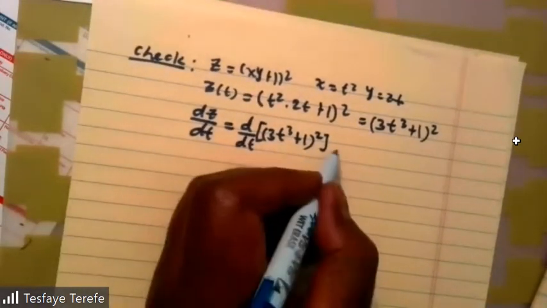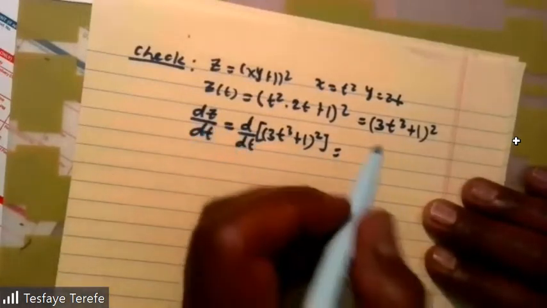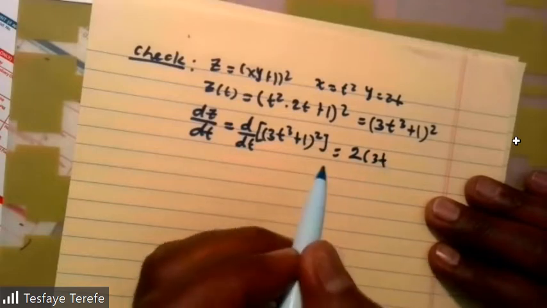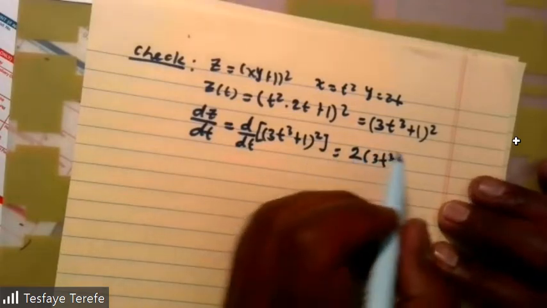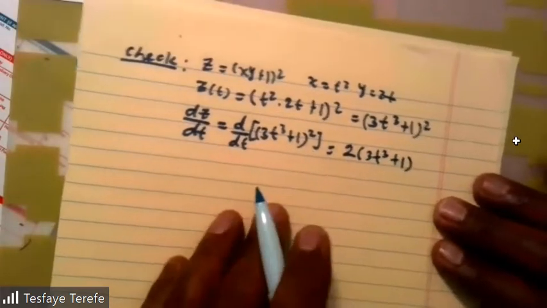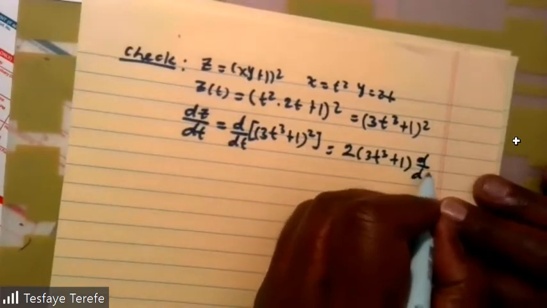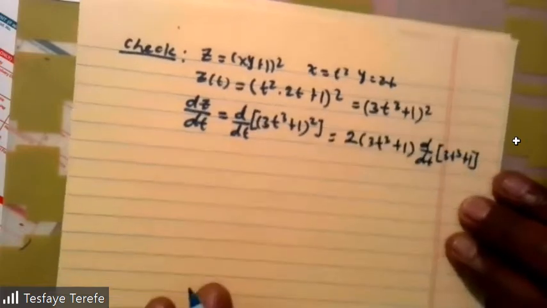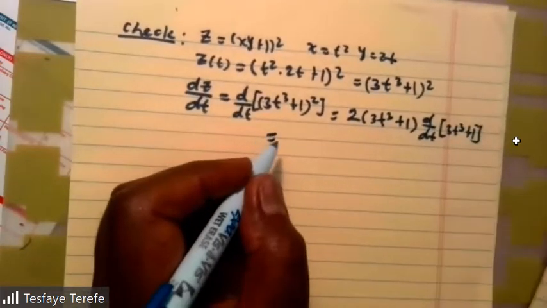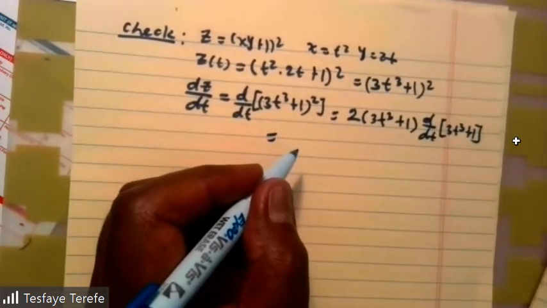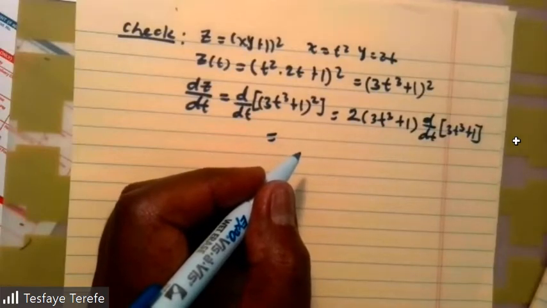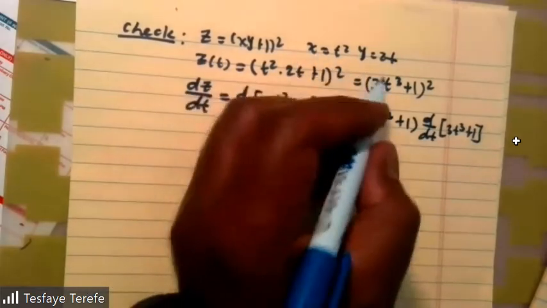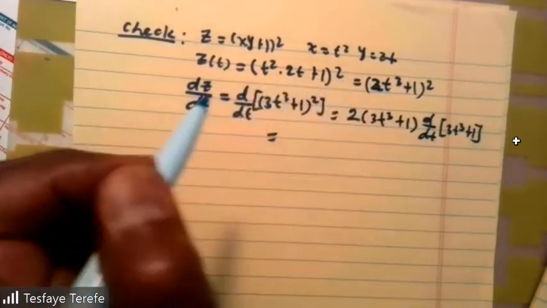So, of course, you can apply chain rule here also. 2 times the quantity 2t cubed plus 1 times d/dt of 2t cubed plus 1. By the way, I don't know why I made it 3. This is 2. Nobody corrected me. This is 2.